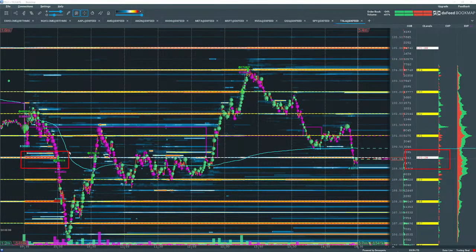The difference in the put wall and call wall in single stocks versus the indices. So in SPX, SPY, QQQ, ES, I'm typically looking for the put wall to act as support and the call wall to act as resistance.